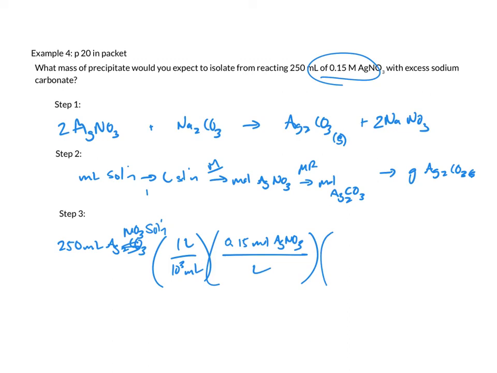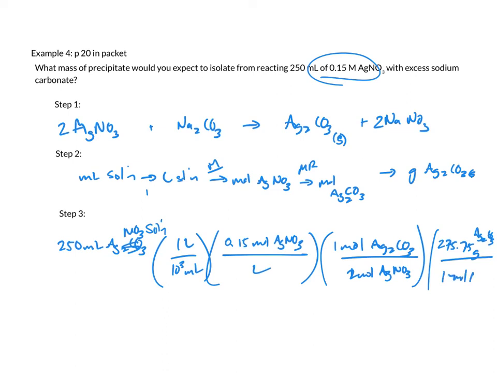And now it's going to start to look very familiar, because now we can say, okay, 1 mole of Ag2CO3 for every 2 moles silver nitrate, and then I can use my molar mass, which happens to be 275.75 grams of silver carbonate for every 1 mole of silver carbonate. Right, and then when I put that in my calculator, I end up getting 36 grams of silver carbonate. I can only have 2 significant figures because both my concentration and volume have 2 significant figures. Okay, so 36 grams of silver carbonate.